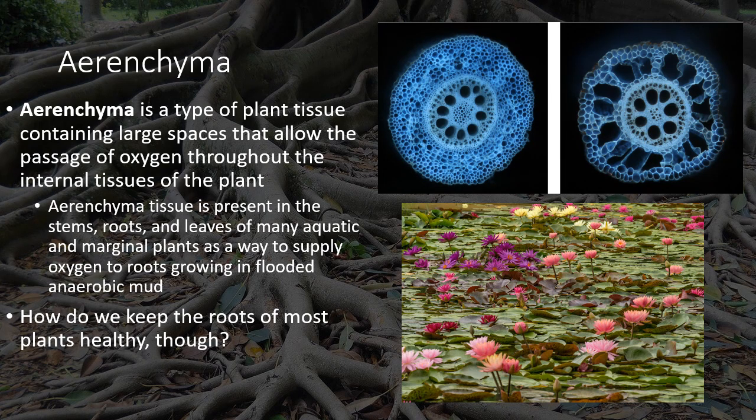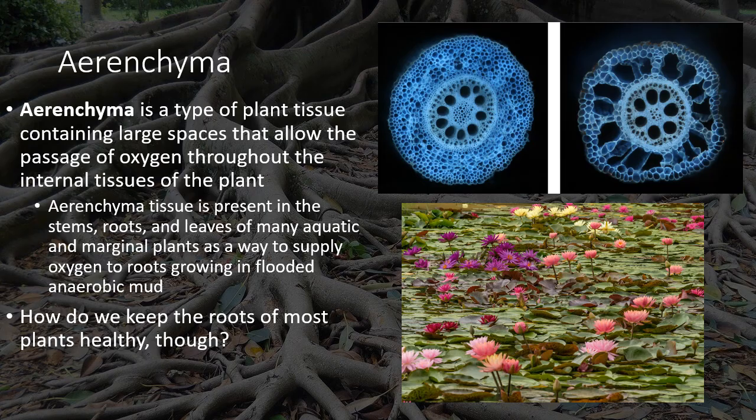So the tissue that does this is called parenchyma. Parenchyma is this plant tissue. It contains very large spaces that allow the flow of oxygen throughout the internal tissues of a plant. This is pretty convenient. If you think about a plant like a water lily, it has leaves on the surface, which are doing photosynthesis in the sunlight. The leaf is interested in getting carbon dioxide out of the air to make sugars, and it's producing oxygen as a waste product, as part of photosynthesis.